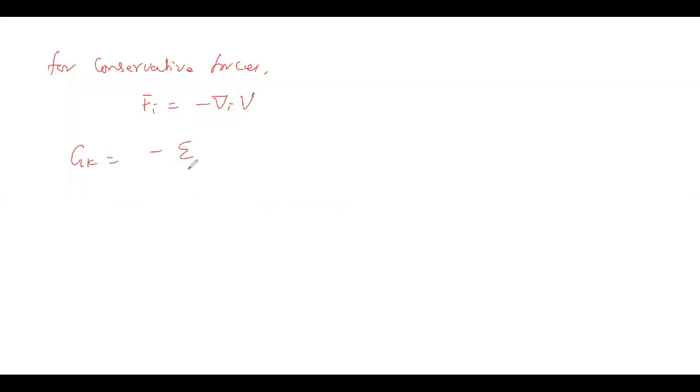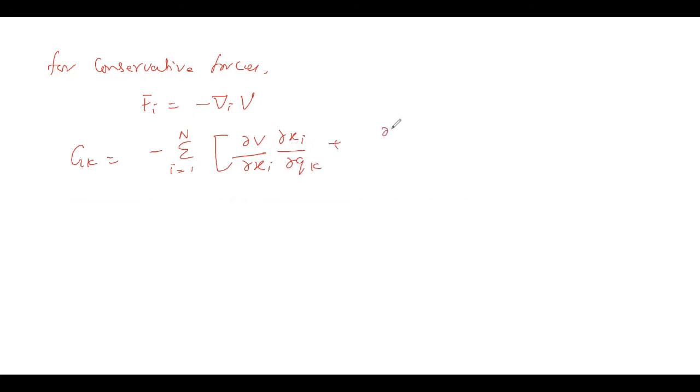So we know that Gk is the sum from i equal to 1 to n, and this whole term, if I expand, is delta V by delta Xi and delta Xi by delta Qk. Because it is a function of generalized coordinates, I have to write in this manner.